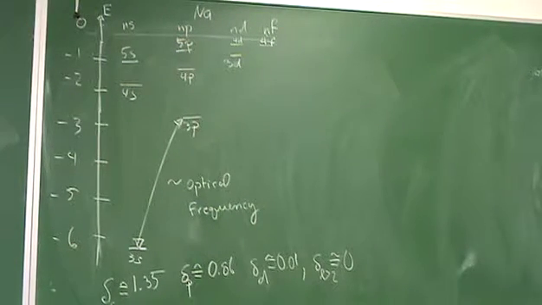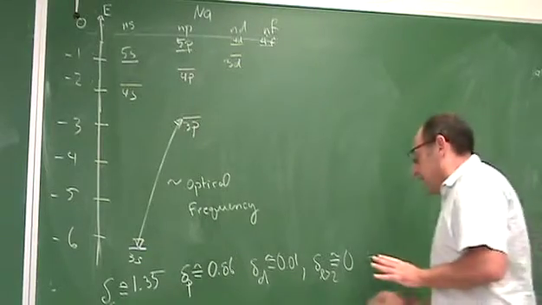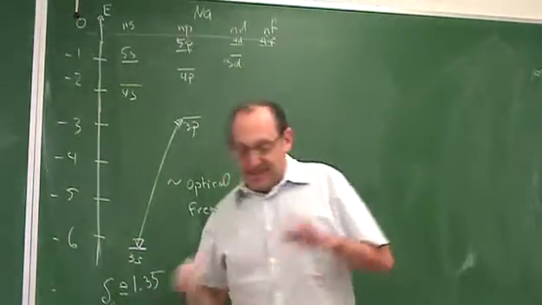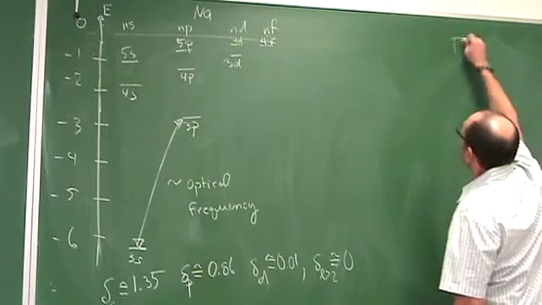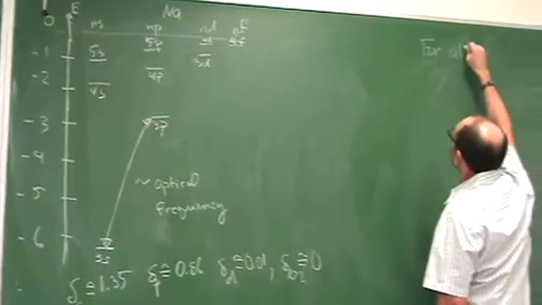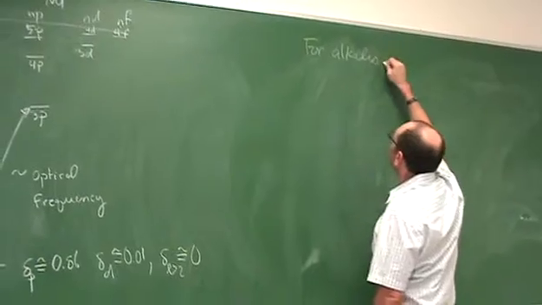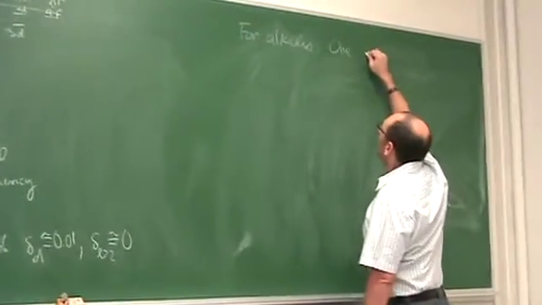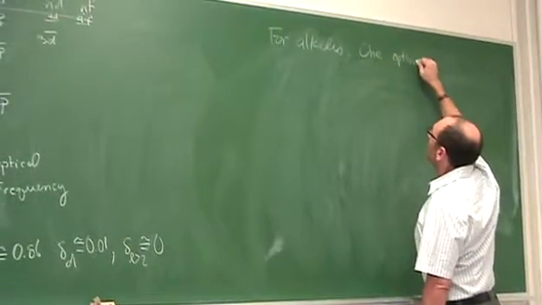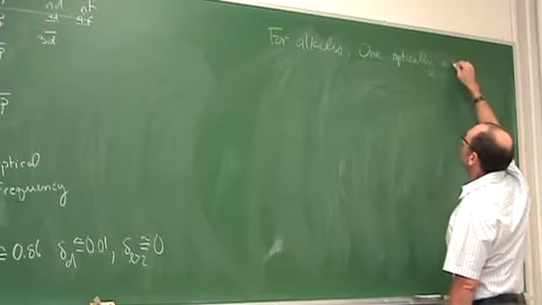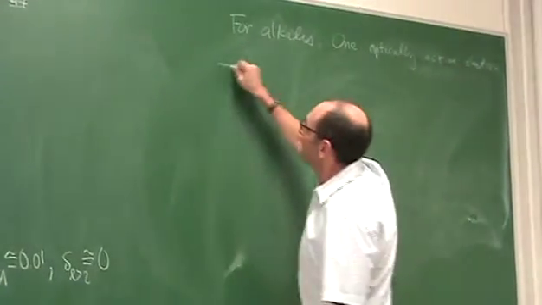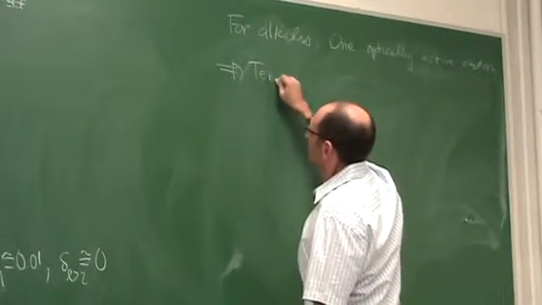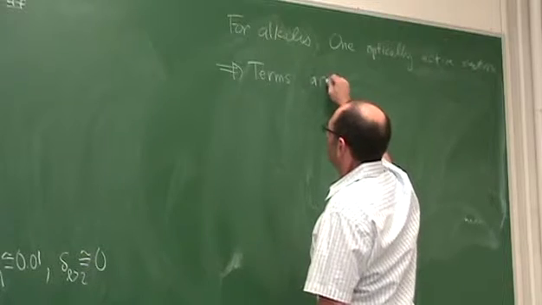Furthermore, to just get a handle on all the notation, for the case of the alkalis, we have one optically active electron, which means that the term symbols are trivial.